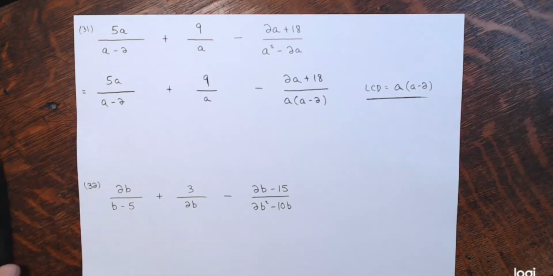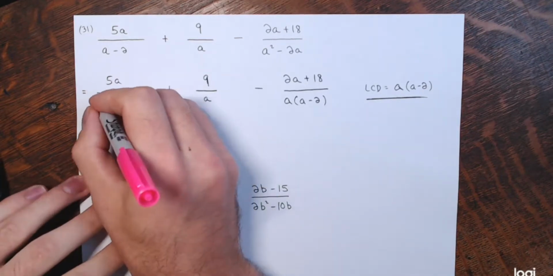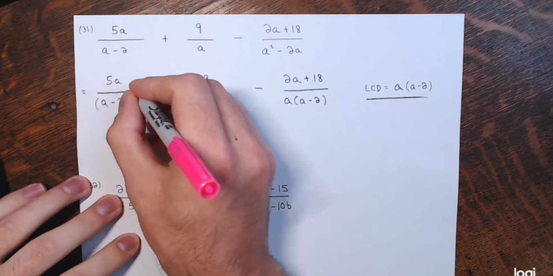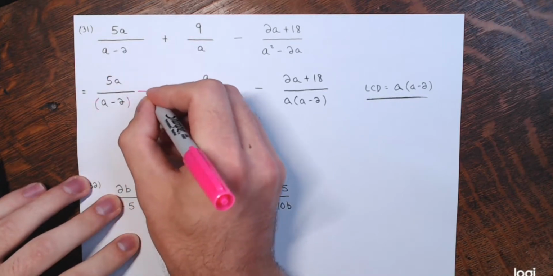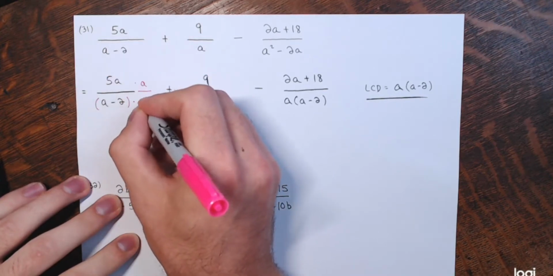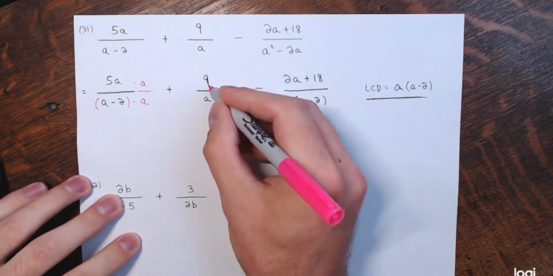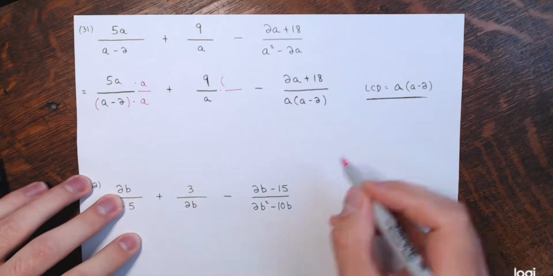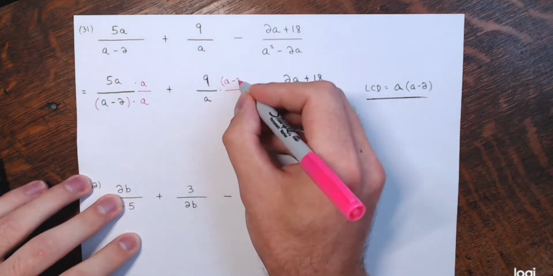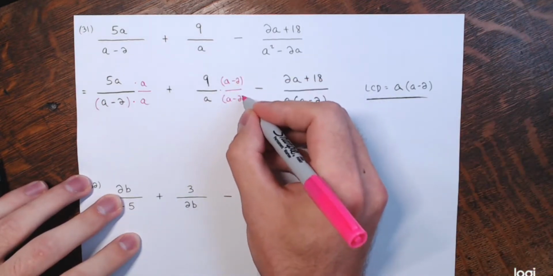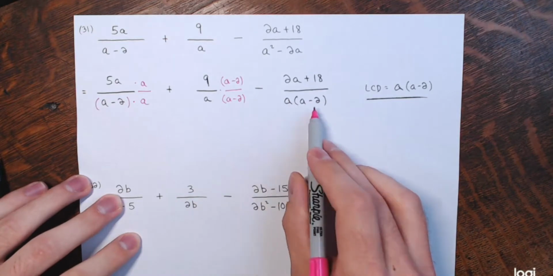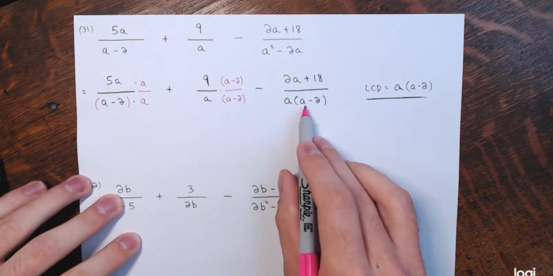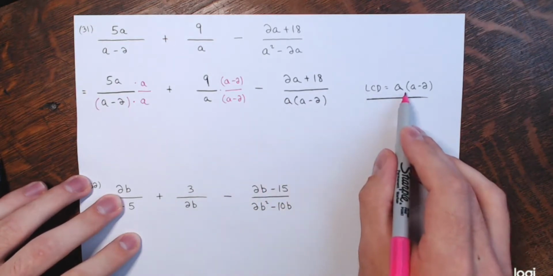So the first fraction, I would have to multiply the numerator and denominator by a. The second fraction, I would have to multiply the numerator and denominator by the quantity a minus 2. And the third fraction I don't need to do anything to, because the denominator already is the LCD, has the same factors.